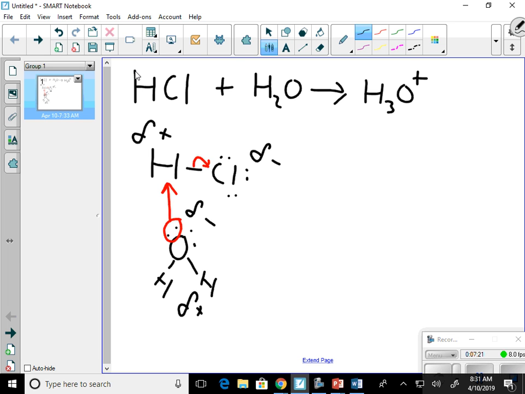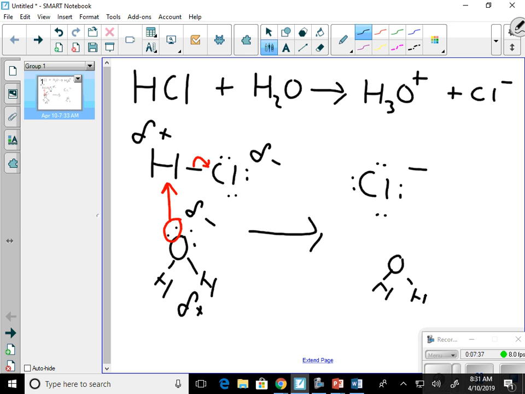The leftover then would be a Cl minus. Again, if I drew the Lewis dot of that when everything was done, my chlorine would now have 8 electrons around to be a negative charge. My water gained another hydrogen.